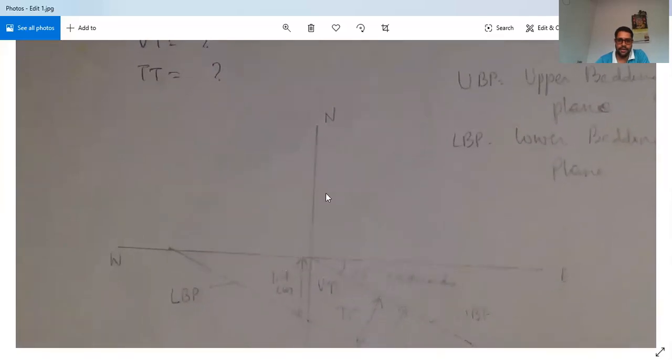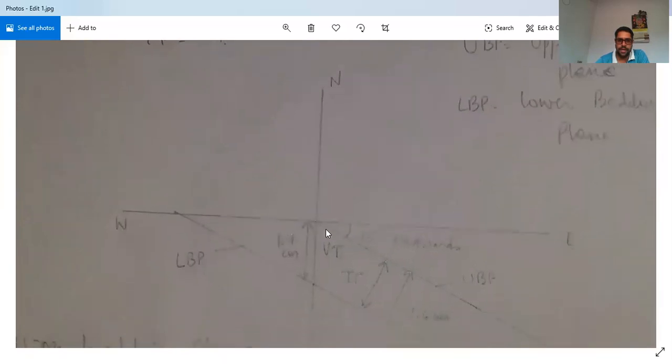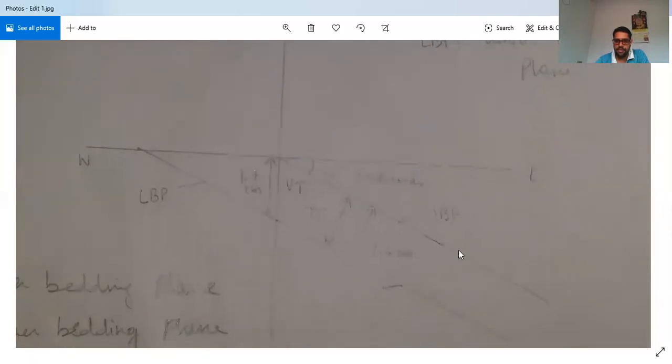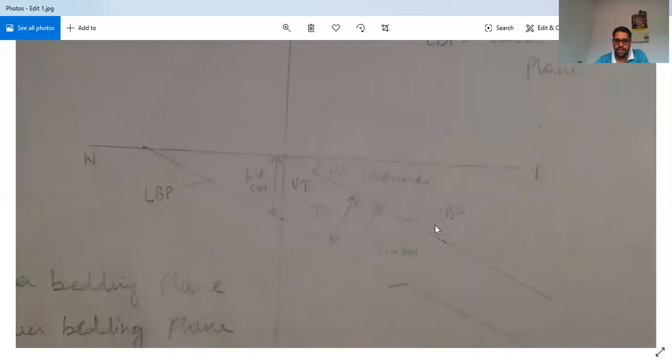I draw a north-south and an east-west trending line, and exactly at the center point you measure 25 degrees eastwards this way and draw a line. The line drawn is the upper bedding plane, the surface which is visible on the outside of the earth.